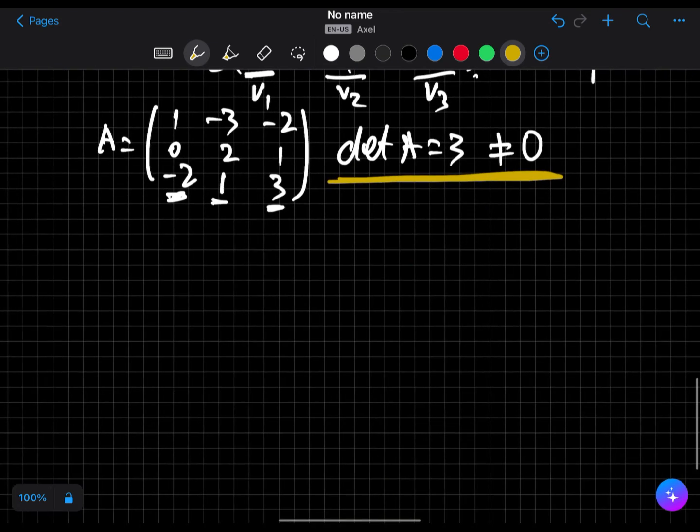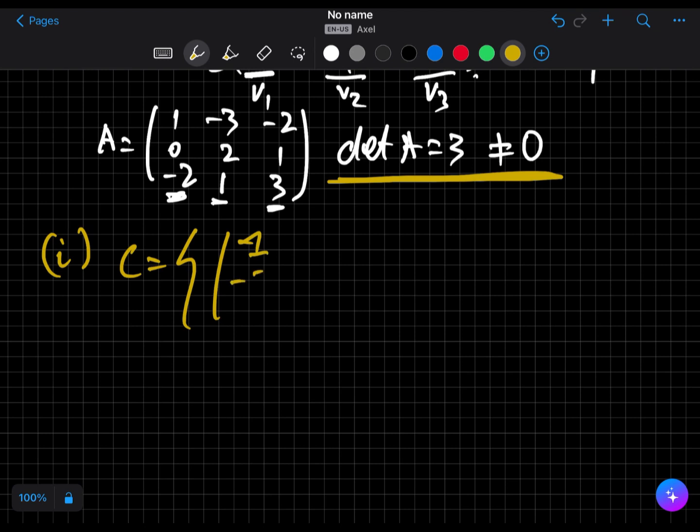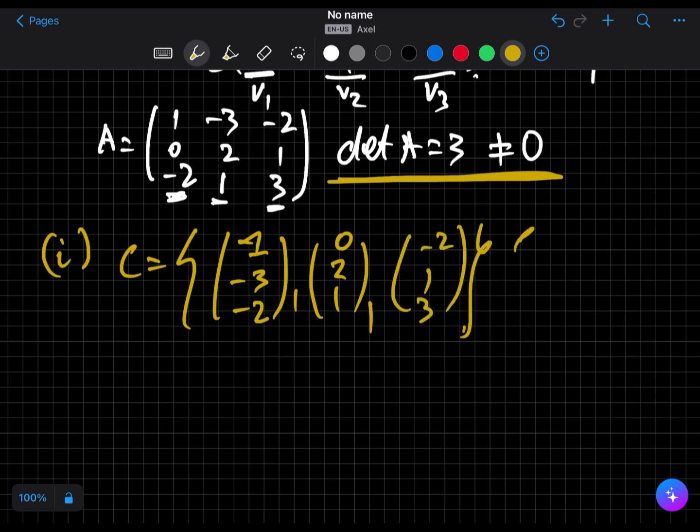Okay. So if we look at I, we have still another set C, but this time it is 1, minus 3, minus 2; 0, 2, 1; and minus 2, 1, 3. The question is, is C dependent or independent?